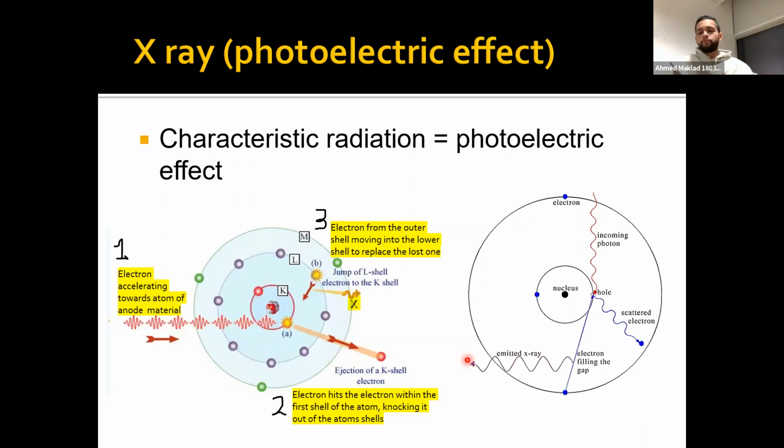What will happen to the electron from the cathode? It's ejected. If you look right here, it's a scattered electron. It's the ejection of the K shell electron. It's just done. It's knocked out of the atom shell, so nothing really, it just becomes useless.